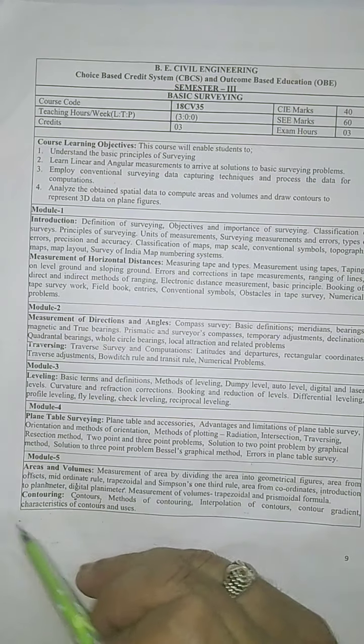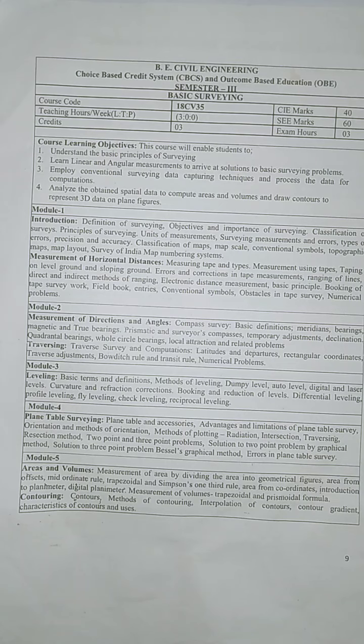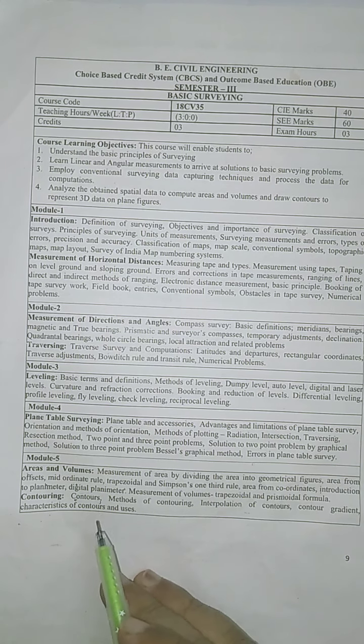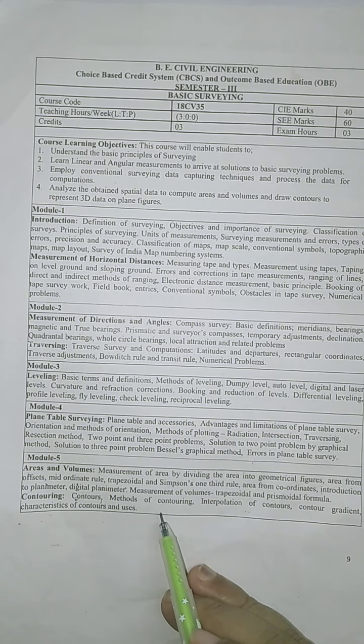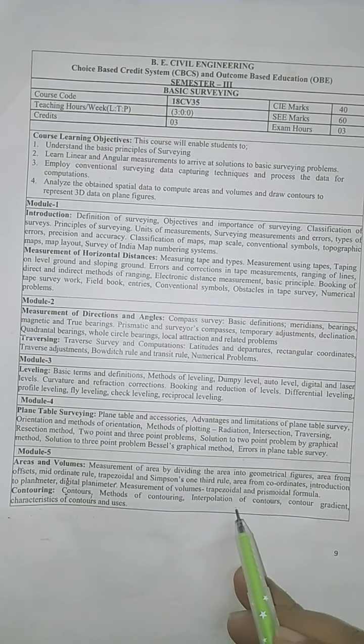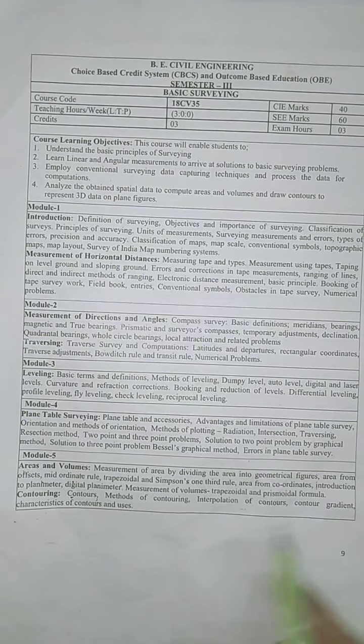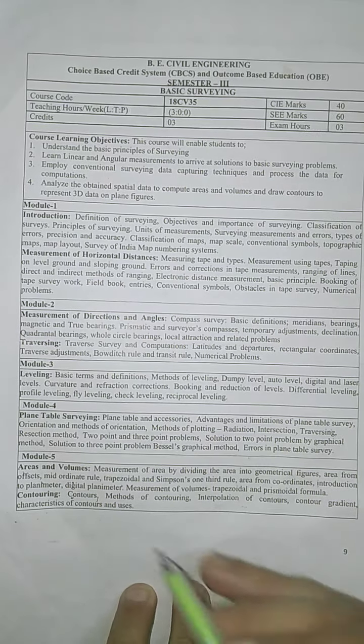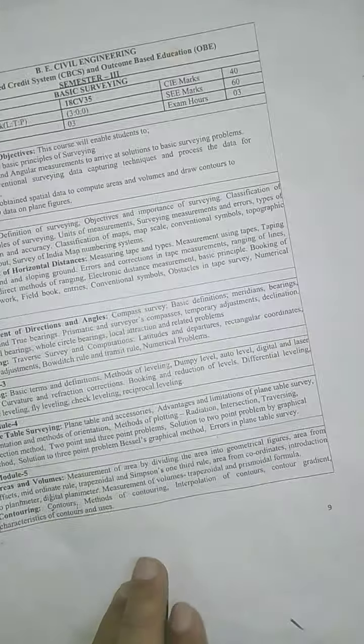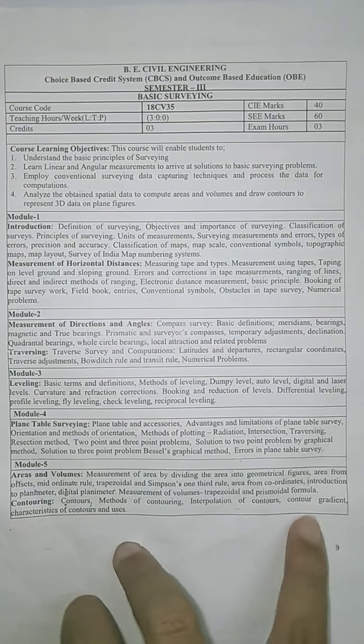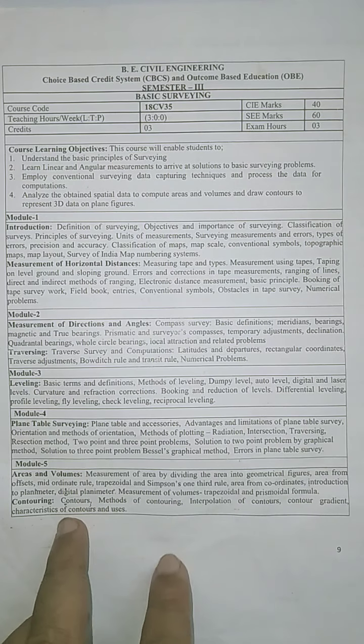Now in today's class we will be studying contouring: what is a contour, what are the methods of contouring, interpolation of contour, contour gradient, and the characteristics of contour and uses. So in today's class we will be concentrating our study on what contours are, what the characteristics of contours are, and their uses.